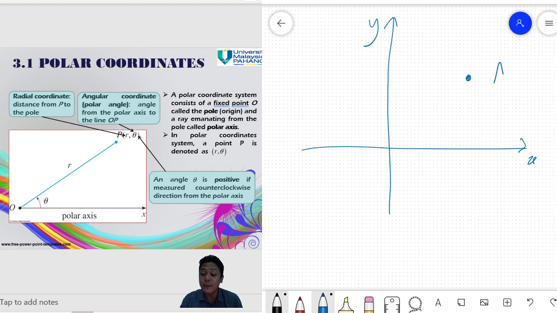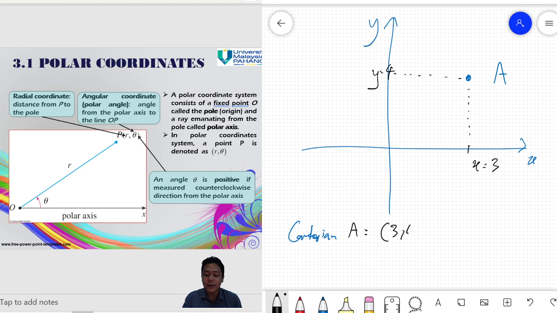We name it as point A. In the form of Cartesian coordinates, for example, we can name it by the value of x and the value of y here. So for example, we put x equals 3 and y equals 4. Therefore, the coordinates of A is (3, 4).